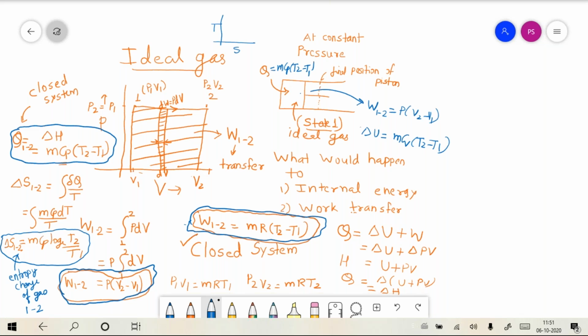So let us solve this. For a closed system, which I discussed now, the expression for work transfer.